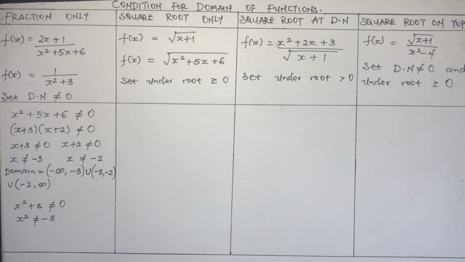In this case, you see that there is no condition where x squared will be equal to negative 3. So basically, the domain of this function will be all real numbers, or you can write it in set notation to be everything from negative infinity up to positive infinity. That would be the domain of this function.